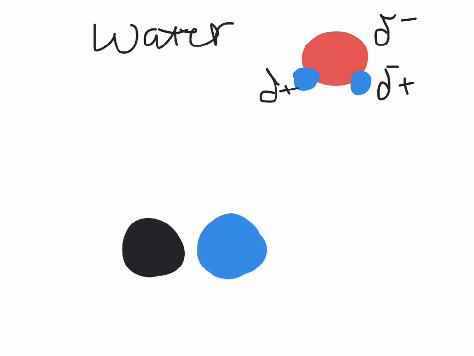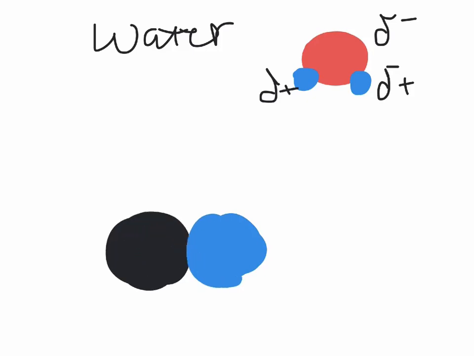Okay, so if we've got sodium chloride, I'm going to make these molecules kind of larger. There we go. Sodium chloride is an ionic bond. We have a metal in there. Sodium is a metal. It's to the left of the staircase. And so these guys aren't sharing electrons. Basically, sodium gave up its electrons.